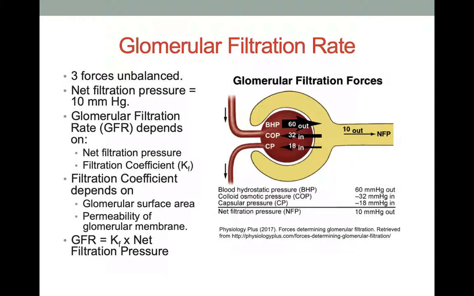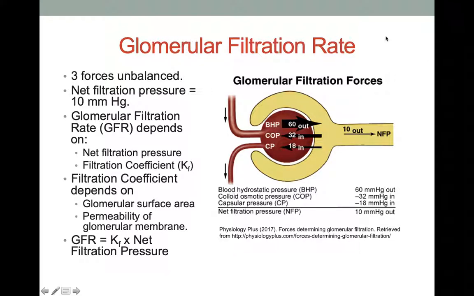So these three forces, if we combine them, are imbalanced. There's more pressure going in, causing the filtration by the glomerular capillary blood pressure. So when we add those terms up, the 55 minus the 45 total there, we get a net filtration pressure of 10 millimeters of mercury.